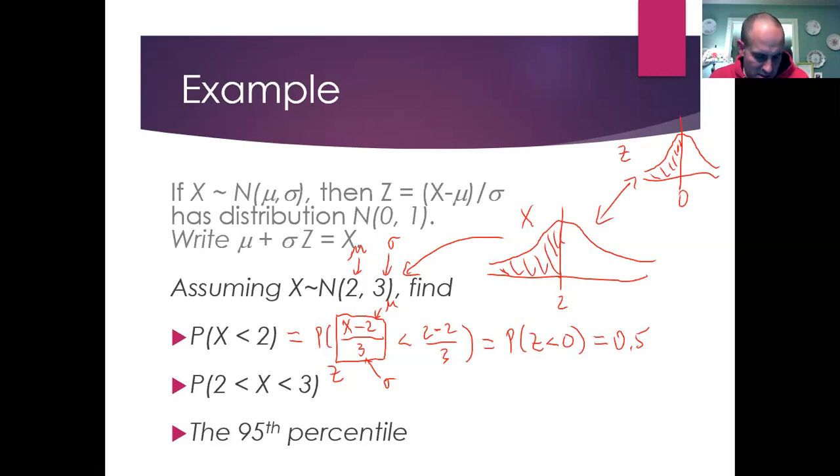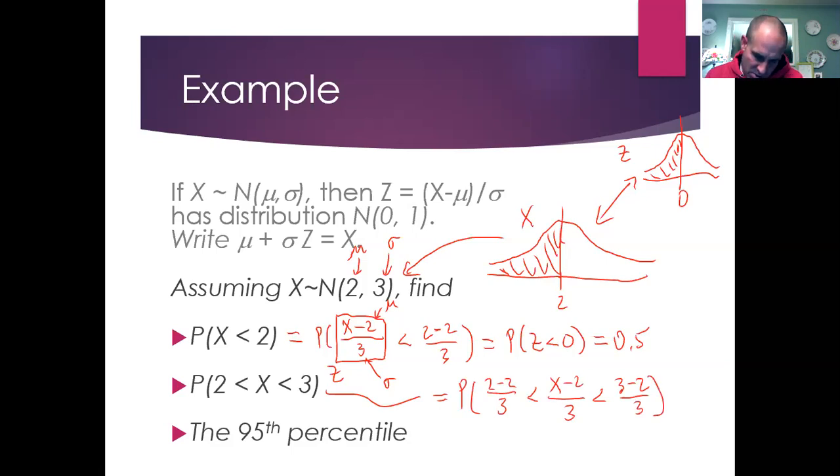What about the probability that 2 is less than x is less than 3? Well, this is equal to the probability, let's subtract the mean and divide by the standard deviation. So 2 minus 2 over 3 is less than x minus 2 over 3 is less than 3 minus 2 over 3.